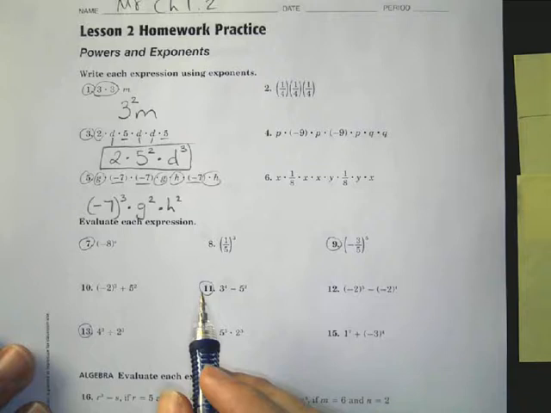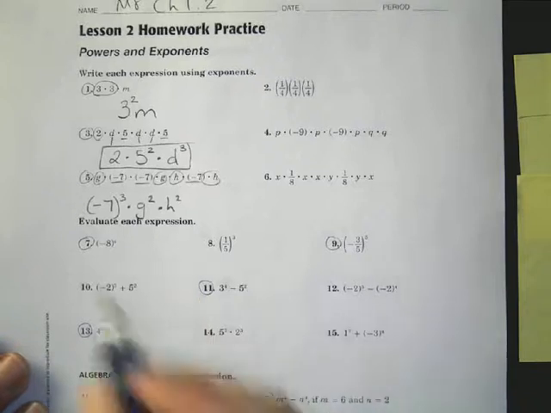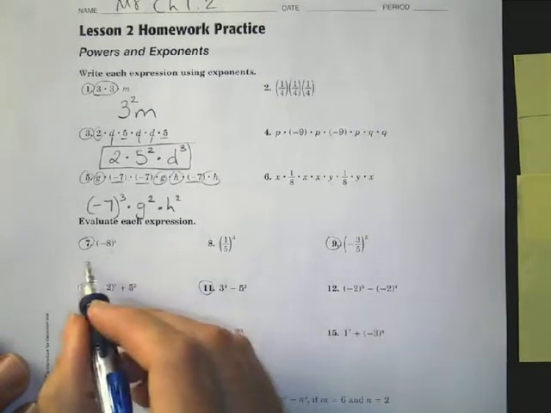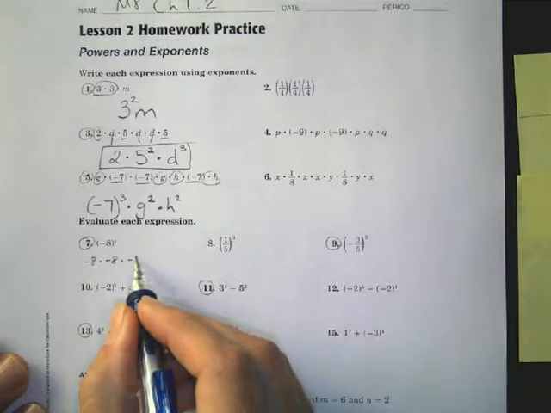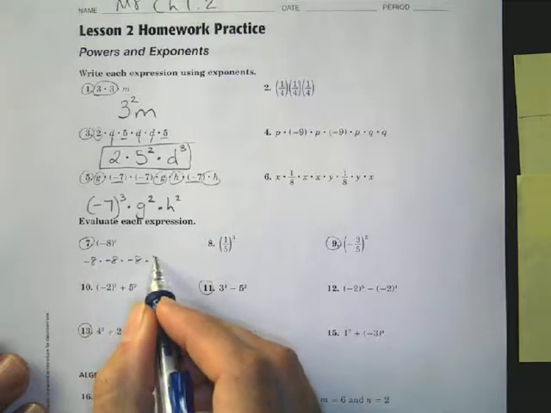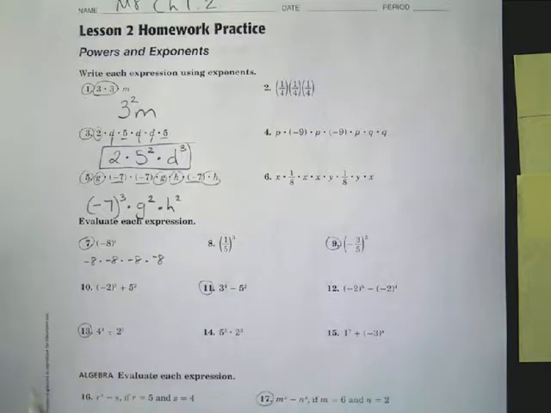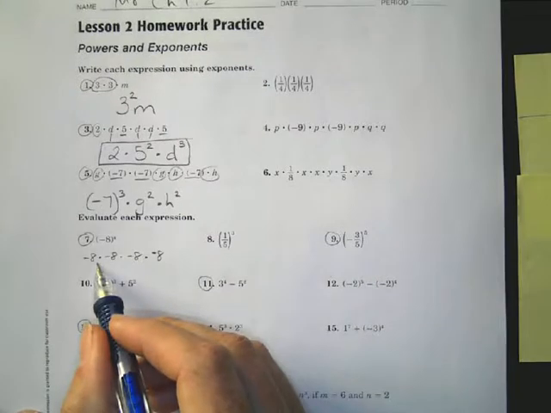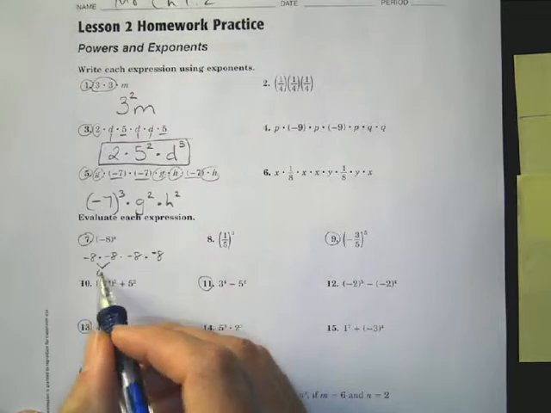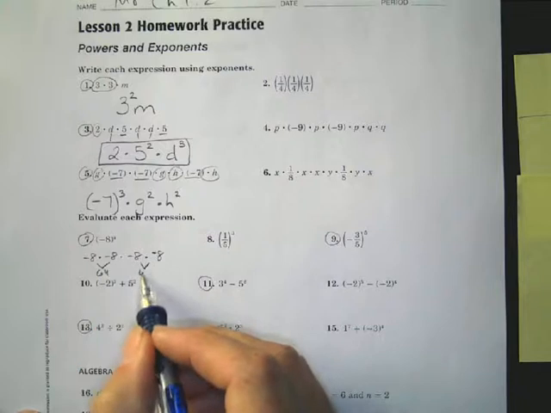This next set asks us to evaluate. Evaluate is a nice way of saying, figure it out, what's the answer going to be? This is essentially -8 times -8 times -8 times -8, and we're going to do that again and again. So I'm going to use my calculator now. You could do it by hand, but a shortcut would be to say that this is 64 and this is 64.